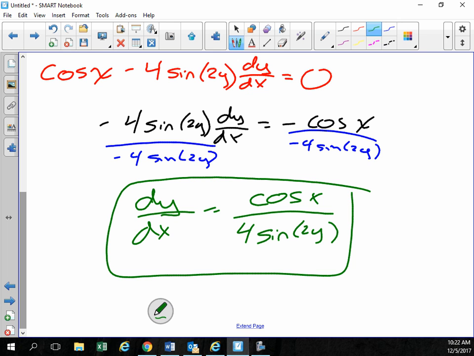Cosine x over 4 sine 2y. Anybody know? I actually simplified something. What did I do? The negative on the top and the negative on the bottom, but it's all multiplication, so those can go away. That's what I did. You okay with that?